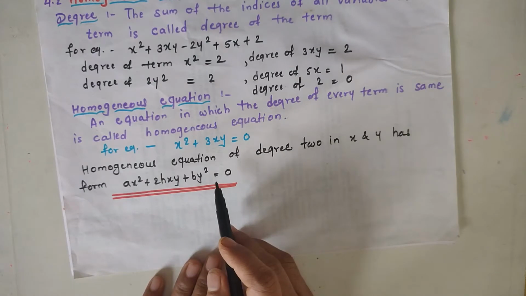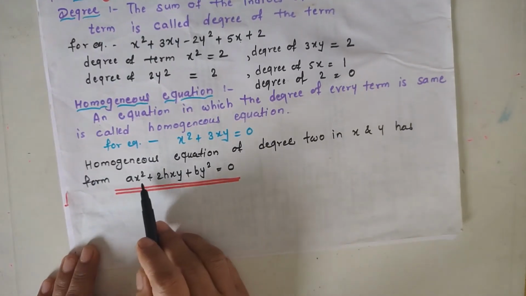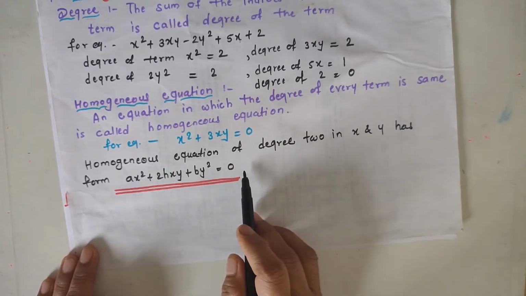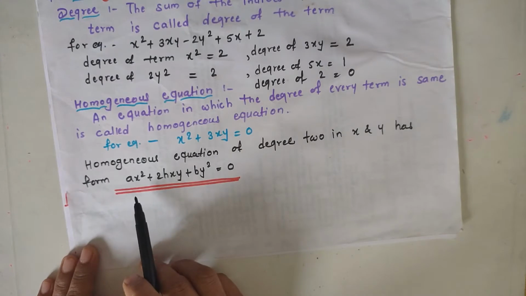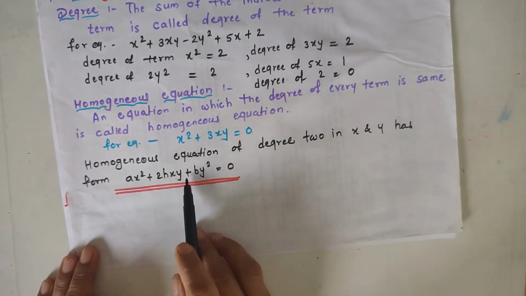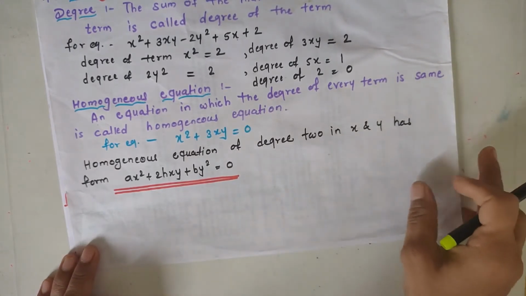And the homogeneous equation of degree 2 is represented by ax square plus 2hxy plus by square is equal to 0.